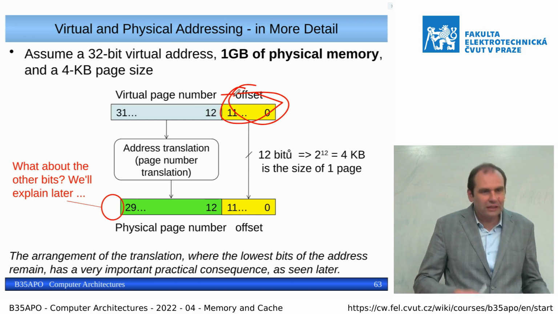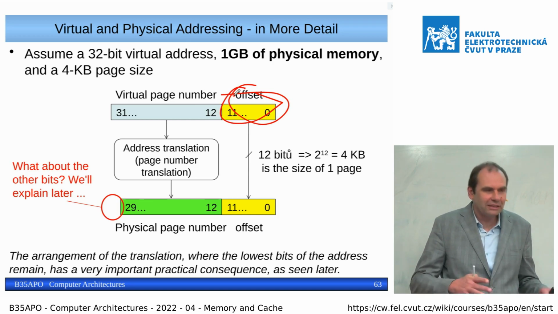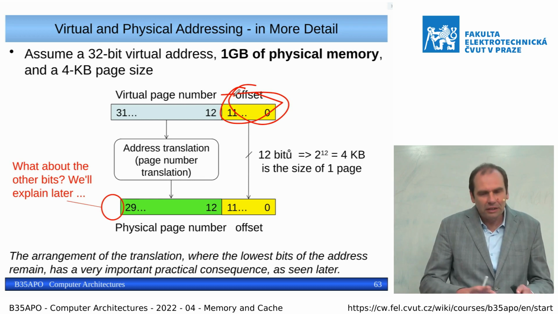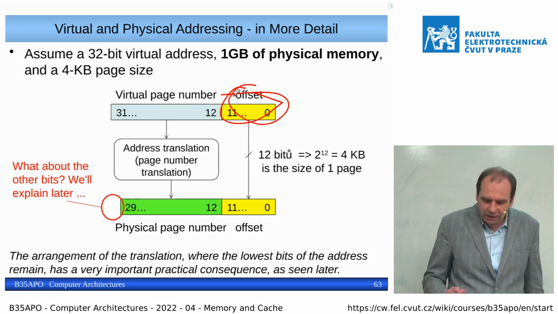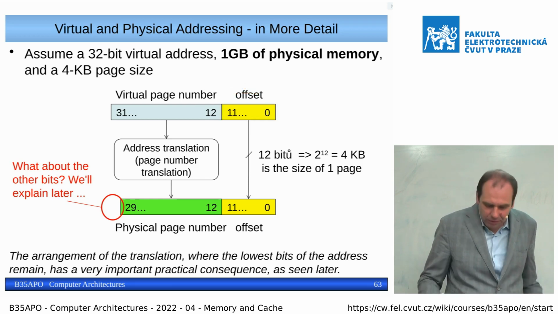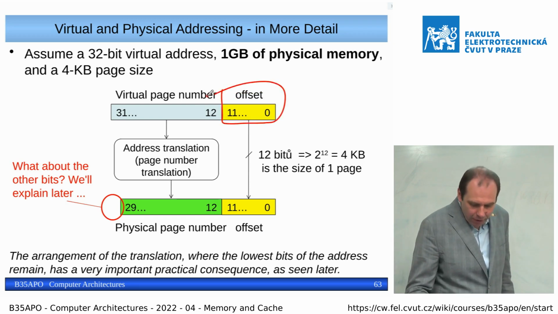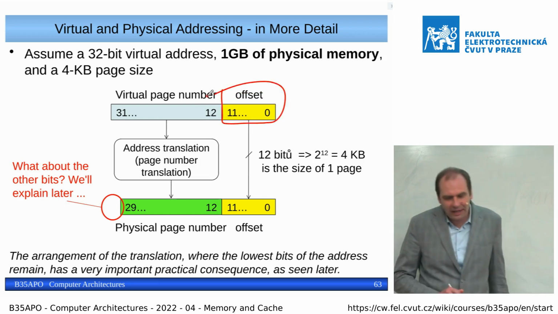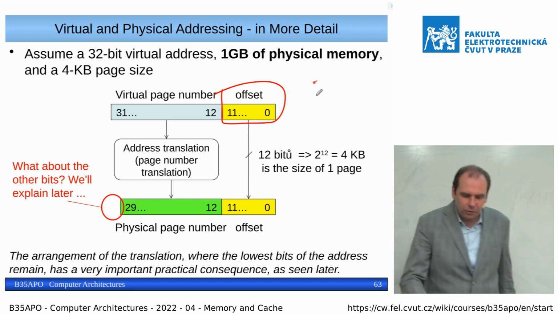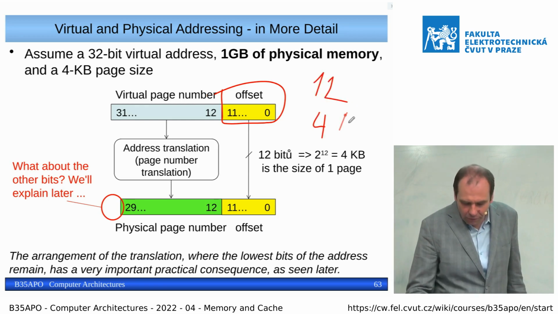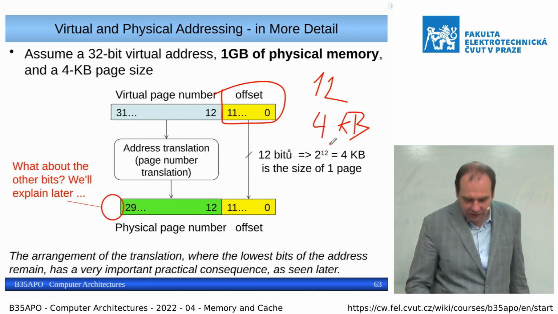For sure, when we have too big pages, we start to waste part of the page and so on. But the amount of management data is smaller. So it is again some compromise. But Intel and most of the ARMs use 12 bits, so 4 kilobyte pages.